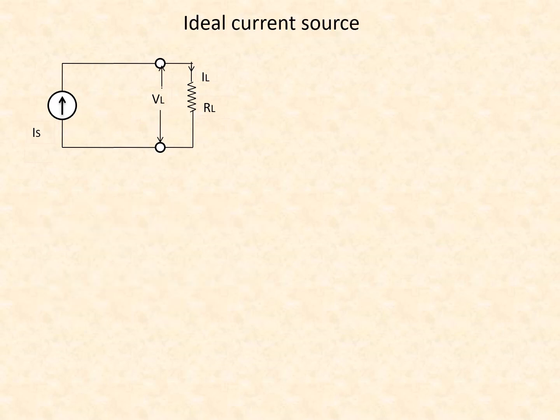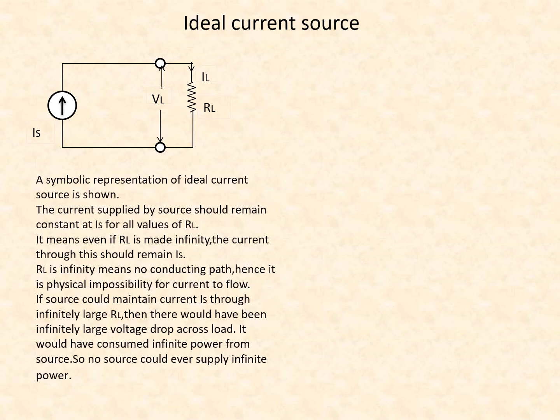The ideal current source is shown in the figure. Here it is assumed that internal resistance is infinite. A symbolic representation is shown here. What is expected from the ideal current source is that current supplied by the source should remain constant for all values of RL.